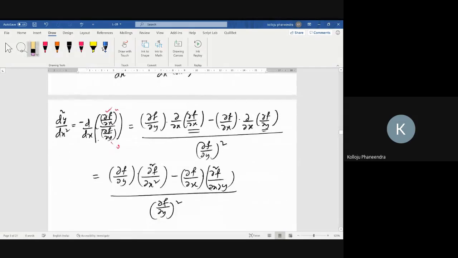See, if I write in this manner, it looks correct, but it is wrong. This part is wrong.